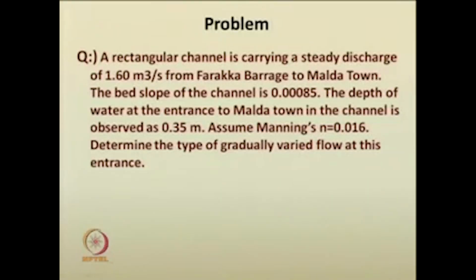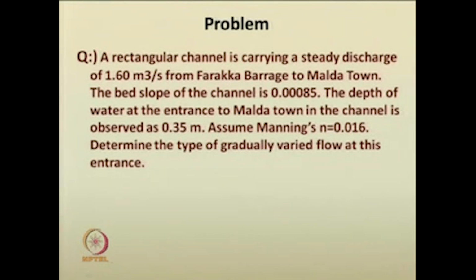The following is the problem. You can just note the question. A rectangular channel is carrying a steady discharge of 1.6 meter cube per second from Farakka barrage to Malda town. The bed slope of the channel is 0.00085.